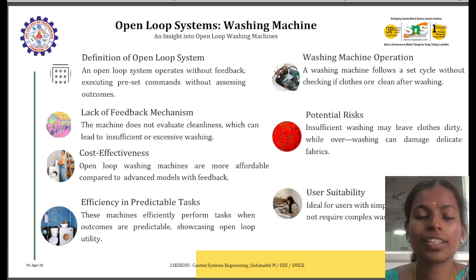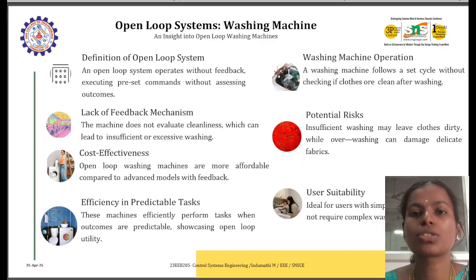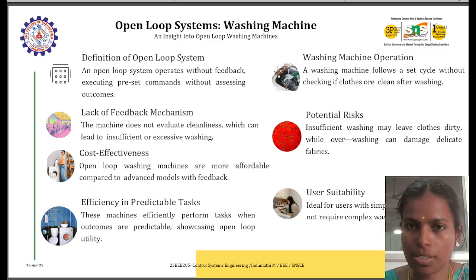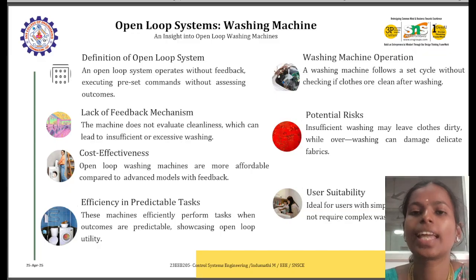Depending upon the clothes it's varying, no, right? It just works according to our set time, and after the time is completed it will switch off automatically, right? So this is an open loop system. It does not check the output and it does not work again to get the accurate output. So this is one example of an open loop system.